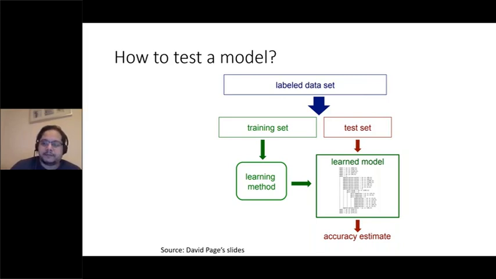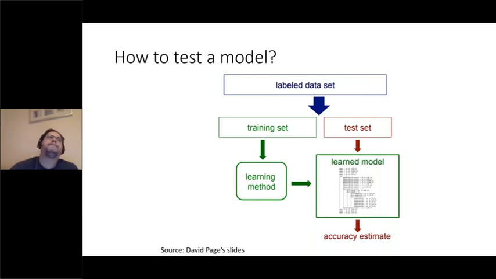Okay, I understand. Just so I understand this: as soon as we split the sets, we've got a training set and a test set, going by the example of 80-20. We apply the model to the training set and have some parameters, and then we apply the model with those parameters to the test set, which we already know the outcome of, and we see how accurate our model is in predicting those outcomes.